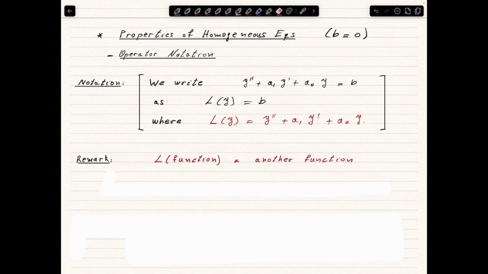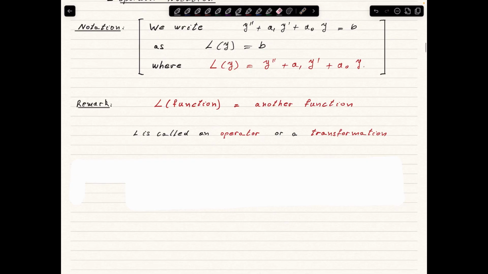L is a very particular type of function that acts not on a number but on a function, and the result is another function, this function defined here. So L itself is a function, but it acts on functions, and the result is another function. Too many functions in the same sentence. So people call this type of thing an operator or transformation. An operator is nothing more than a function acting on functions.